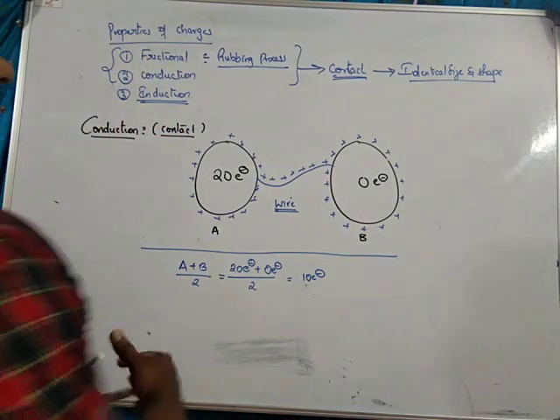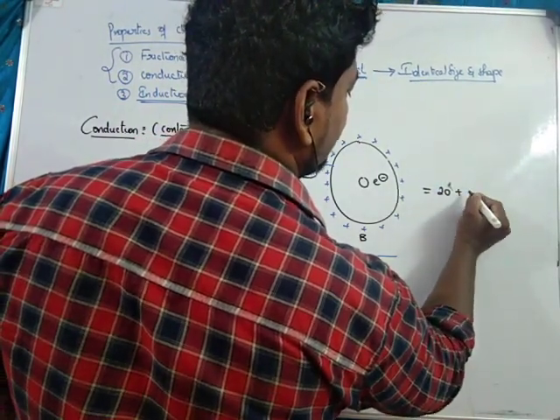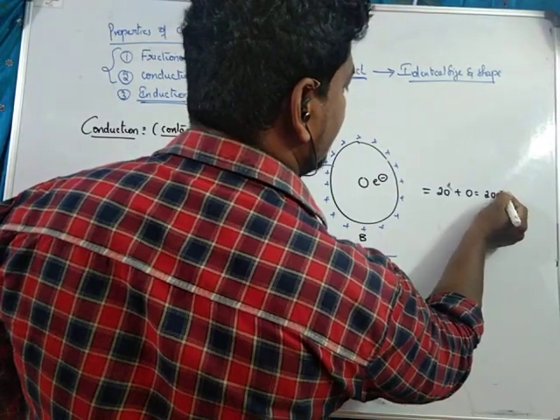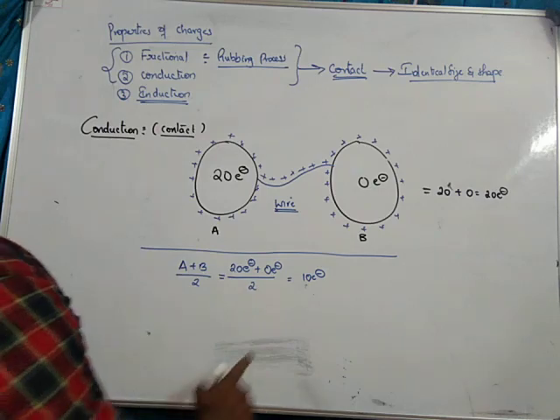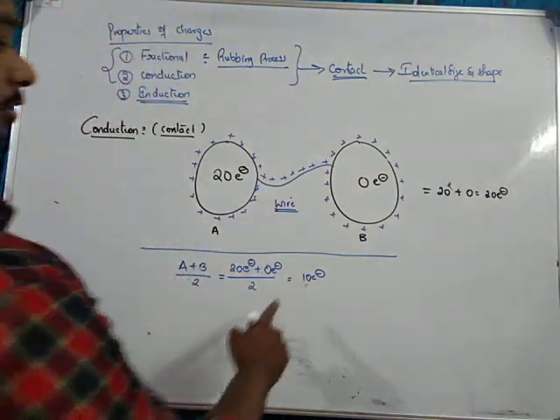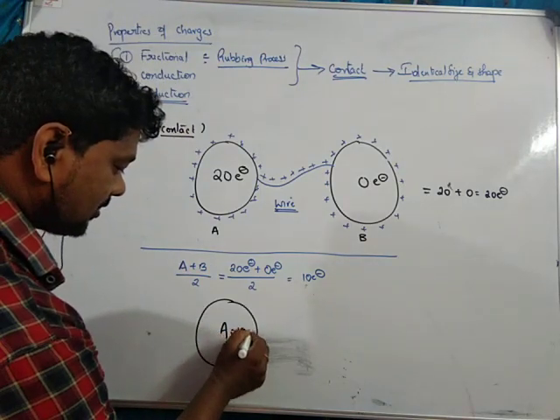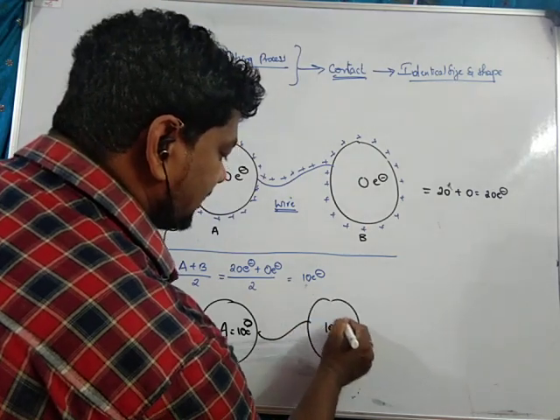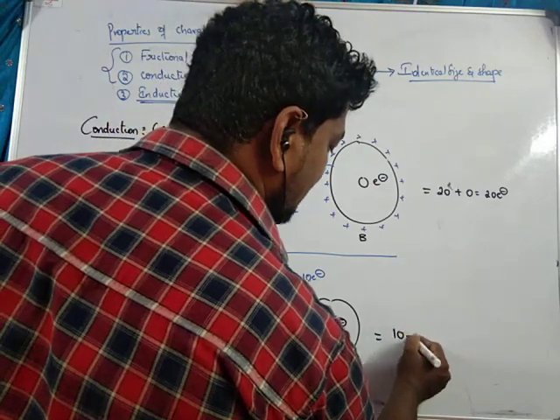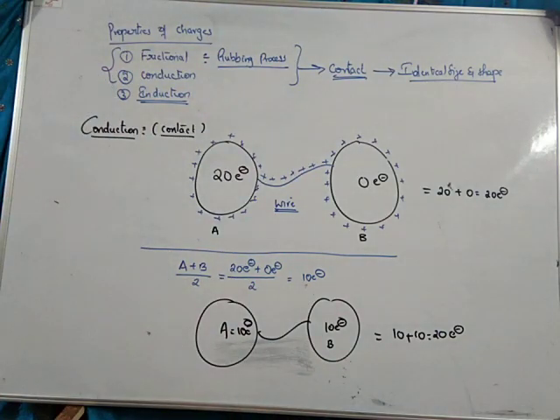Before the process, we have 20 plus 0, that is 20 electrons. After conduction, after transformation through a wire, we have 10 electrons, so A will have 10 electrons and B is also having 10 electrons. Again, what is the net value? 10 plus 10, we get 20 electrons. Here also the law of conservation of charge is satisfied.